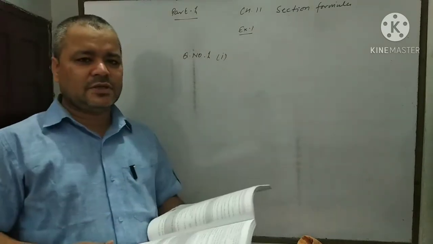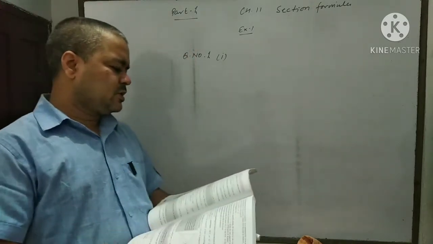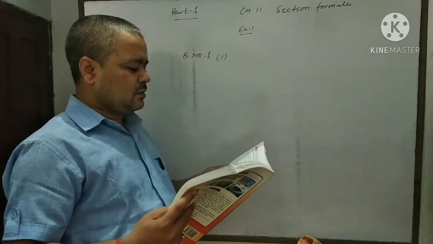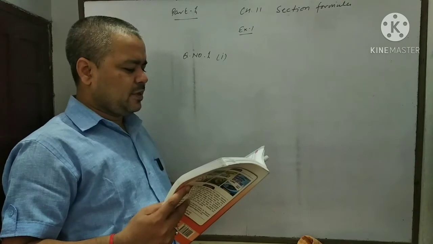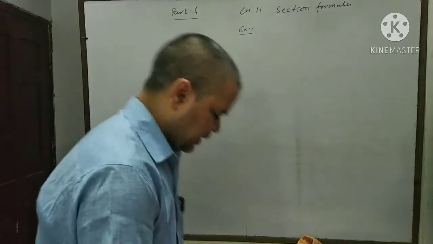After this I will discuss the midpoint formula also. Now the second question is related to the topic: P divides the distance between A and B in ratio 2:1. Question number two.